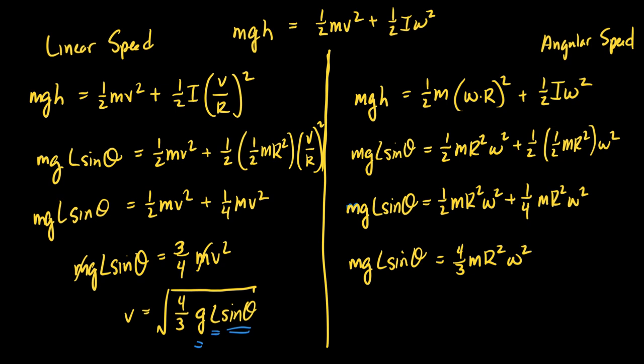I can cancel out the M. Can't cancel out the R. But I can solve this for omega. Oh, wait. I was jumping ahead. It's 3/4 here. Just getting ahead of myself. Don't curse me.